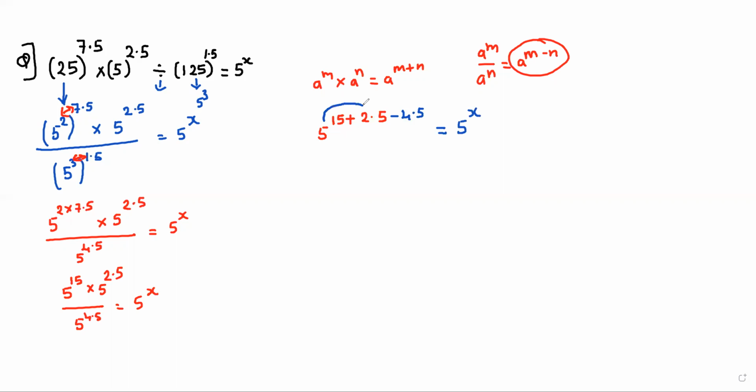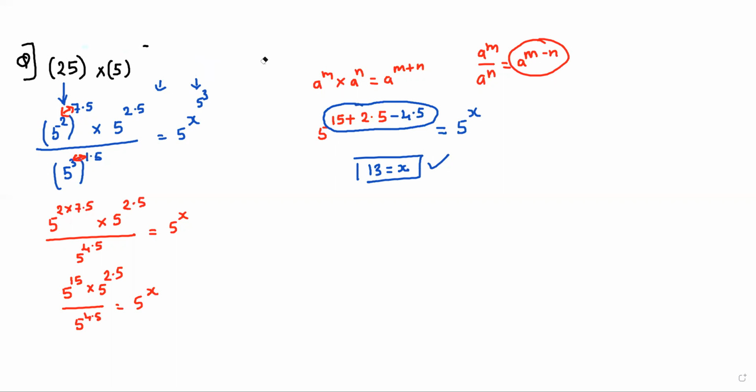So when you equate this, you'll get the answer as 13 is equal to x. That is the right answer. Keep doing it. Those who are not getting it, just copy it down faster. Getting, sir. Copy it, sir.